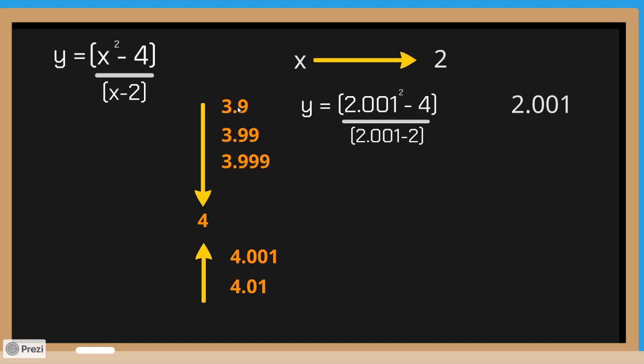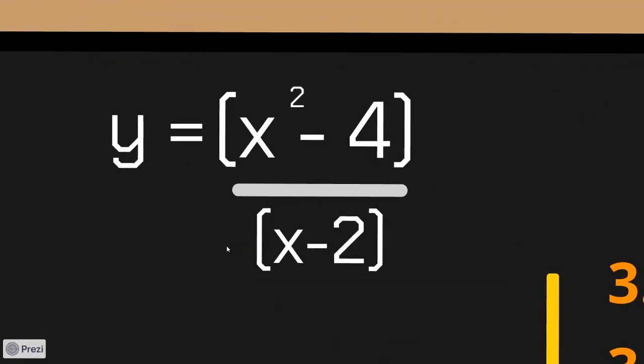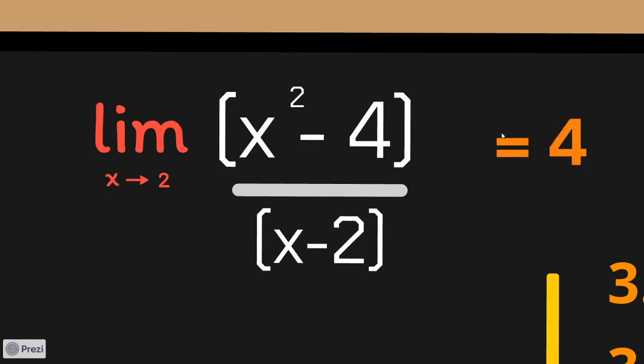From here it is coming closer to 4, and from here it is coming closer to 4. Do you get it? So that is why I say that limit x approaches 2, not equal to 2, when x approaches 2, the answer is 4.